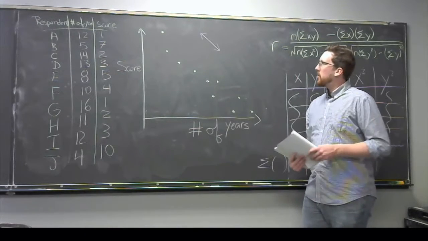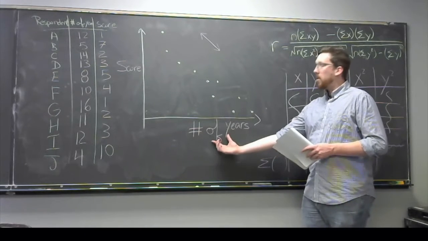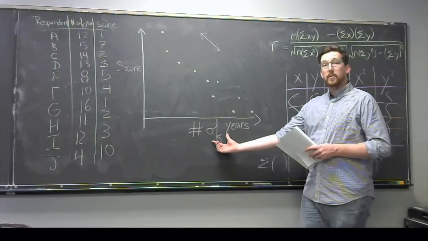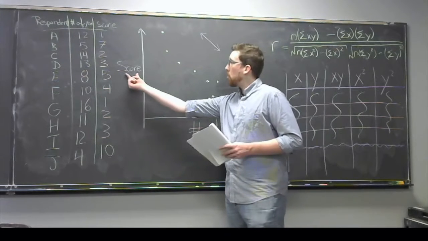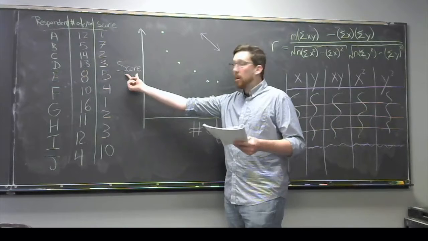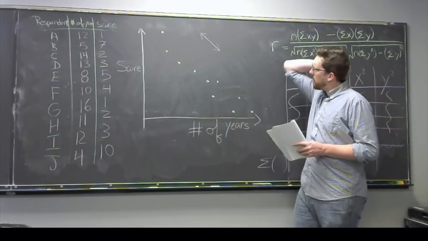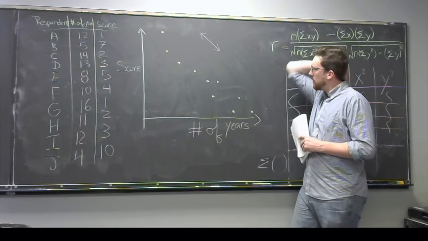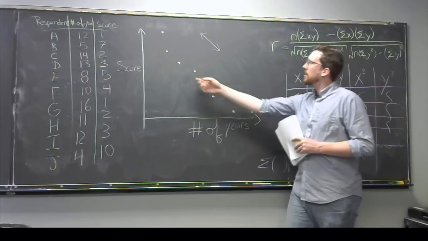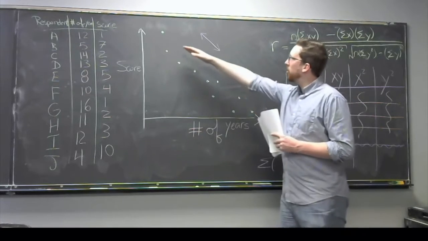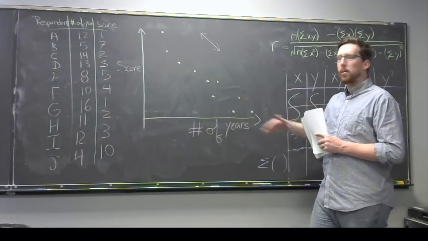So we put it together into a scatter plot where the number of years teaching is our x value, and the score on the exam that they took is the y value. We sit here and we're like, well, the data has this generally negative slope.